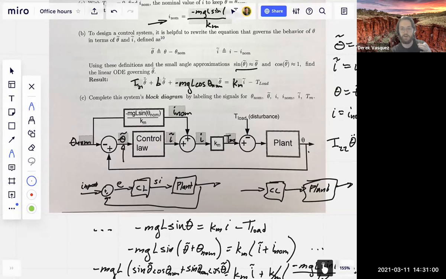The control law takes that error or input signal and turns it into something useful for our dynamics. In this case, we have a theta tilde. That's not very useful for commanding our circuit to do something. So it takes the theta tilde and does the math to figure out what current we should be giving the system.